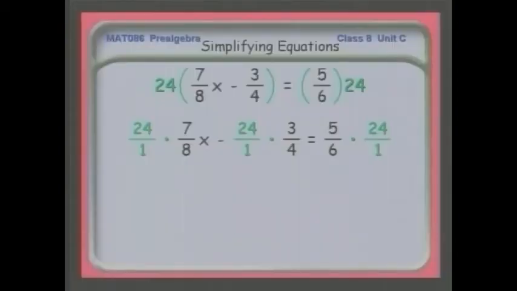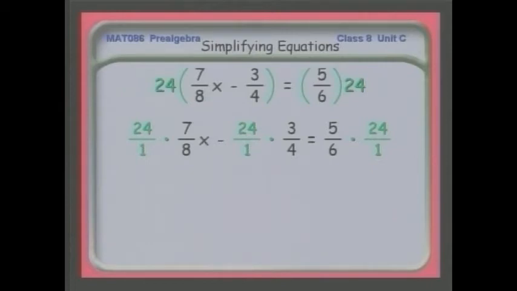You notice I did that. So the 24 is 24 over 1 expressed as a fraction times 7/8 minus 24 over 1 times 3/4. Then on the other side of the equation, I've also multiplied by 24, 5/6 times 24 over 1.